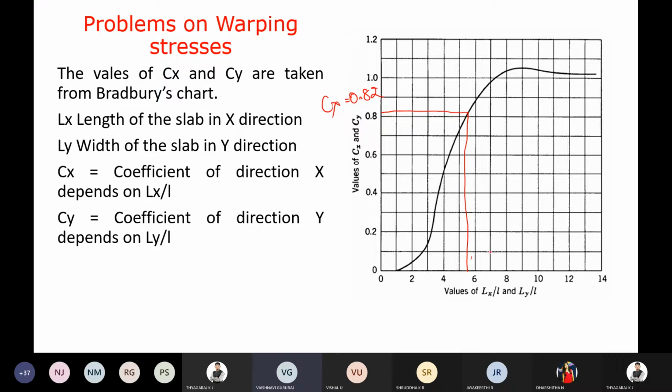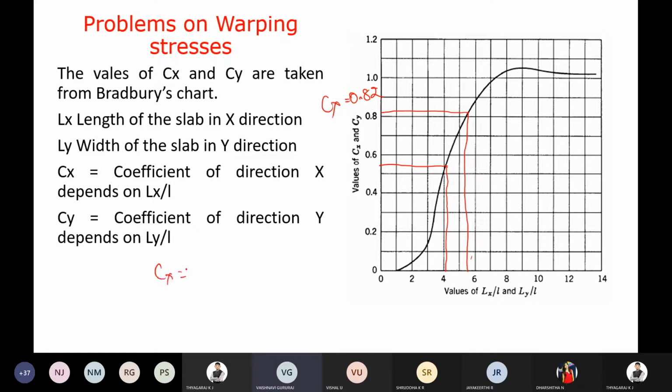Now, similarly, what is the Ly by L ratio? 4.12. So approximately it will come here. Project outwards. So what will be the value? 0.54.